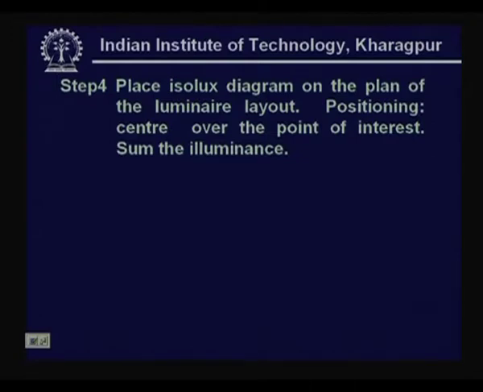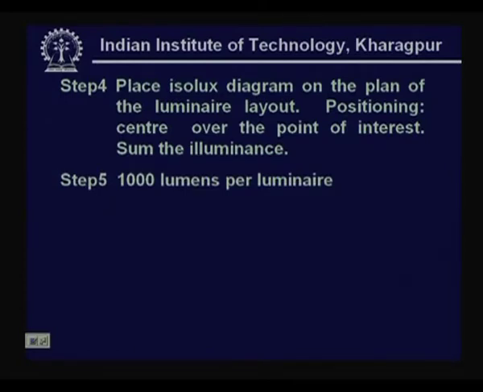Where do you place the center? Place the center at the point of interest, that is wherever you are interested in arriving at the illuminance. So, take the isolux diagram for the lamp in question and place the center of that isolux diagram at the point where you are interested.